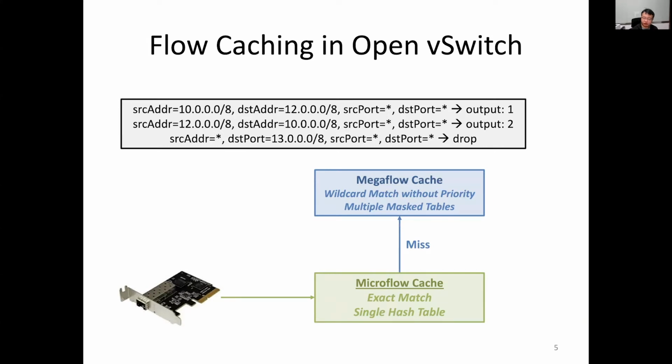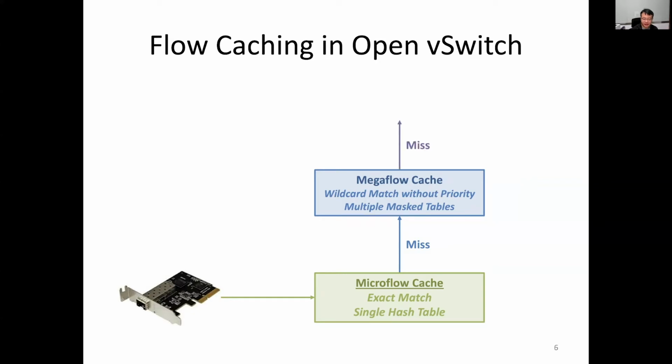Here I show you a couple of rules stored in the megaflow cache, where we have some wildcard match in the rule, but because the megaflow cache does not support priority, all the rules are guaranteed to be disjoint. So there will be no ambiguity when matching a packet against these rules.